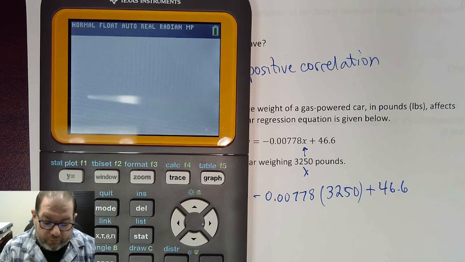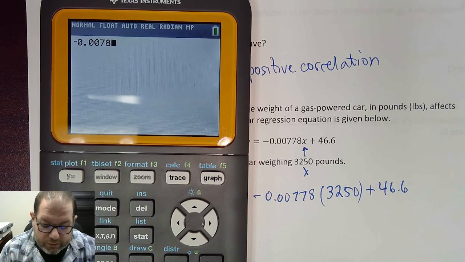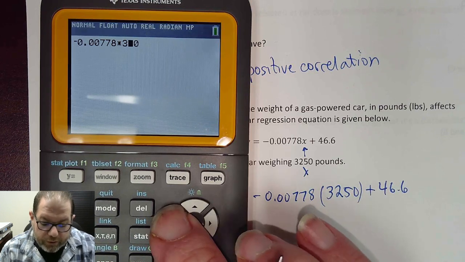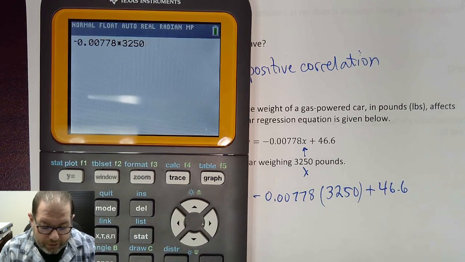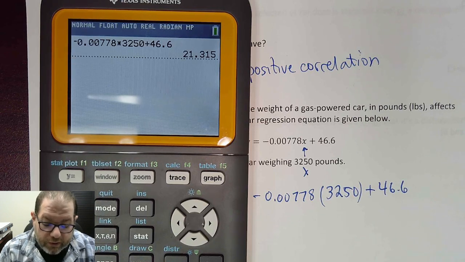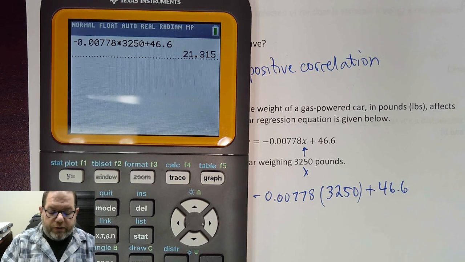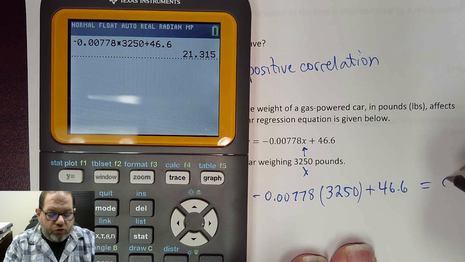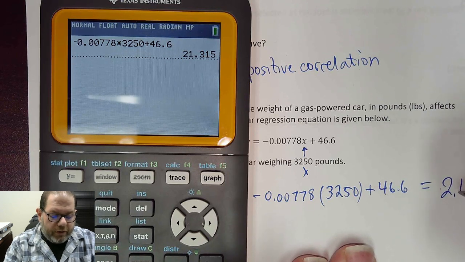So negative 0.00778, 2 sevens, there we go, times 3250, wow, I'm not hitting these buttons well, sorry, plus 46.6, and so that gives us about 21.3. So 21.3 miles per gallon.